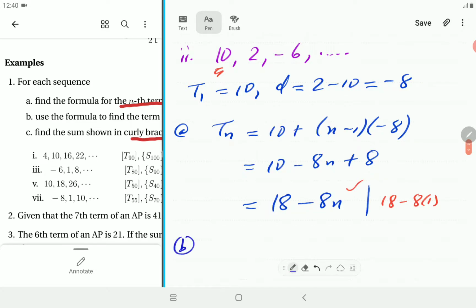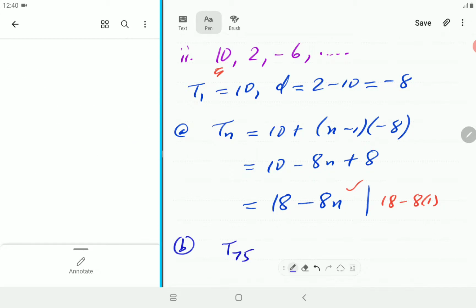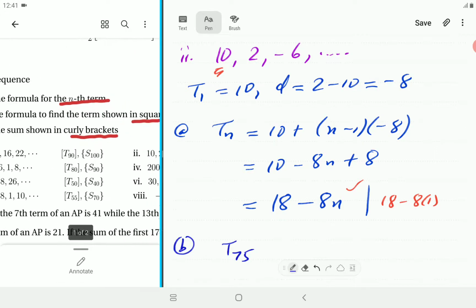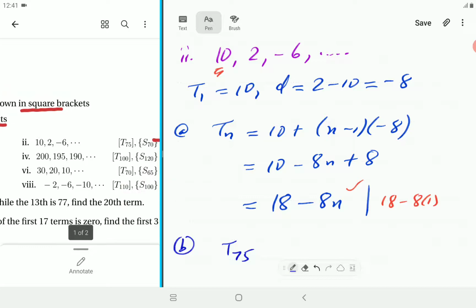Okay, then in part B, we want term number 75.